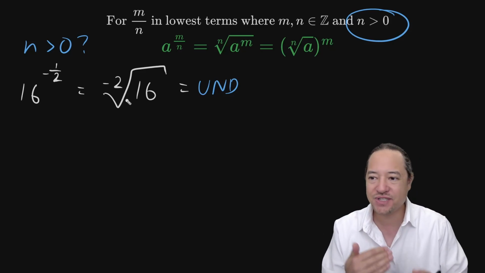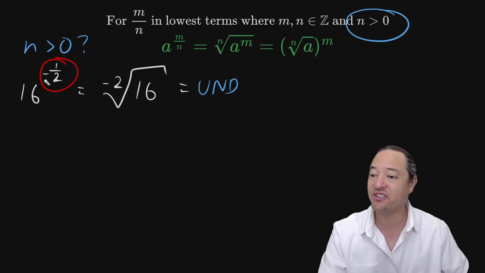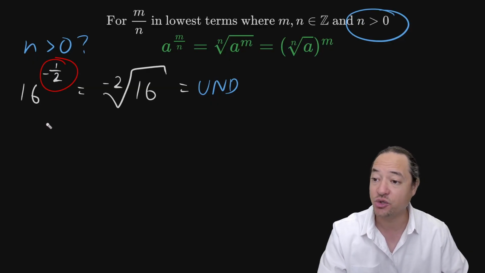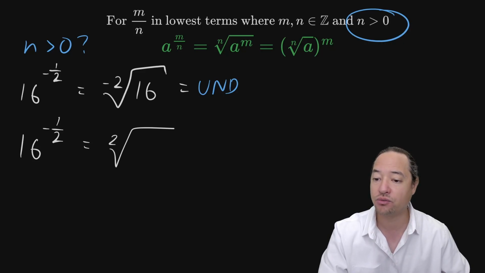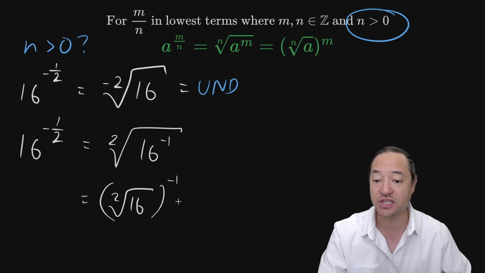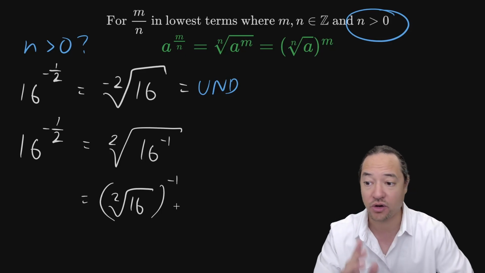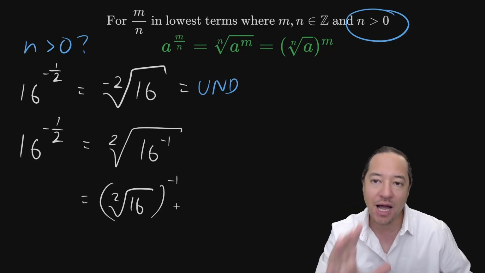But you could see how we could deal with this. Instead of putting the negative in the denominator, you essentially take it out of the denominator. And so a better way to deal with this is to treat this as 16 to the negative 1/2 in general. And this we could treat as either the square root of 16 to the negative 1, or we could treat this as the square root of 16 and take all of that and raise it to the power of negative 1. That would work, right? So this is the proper way to deal with this kind of operation.